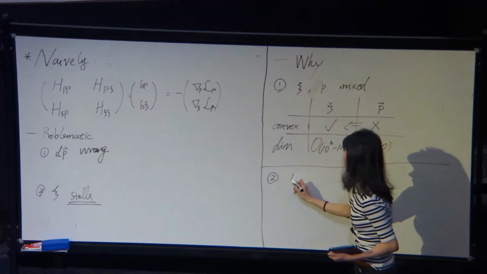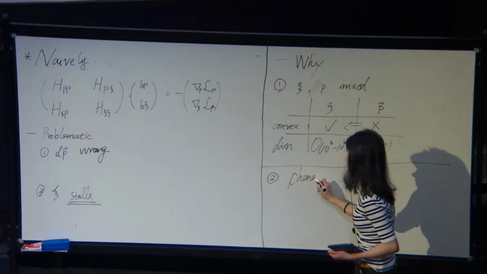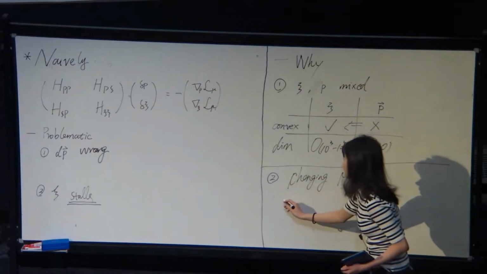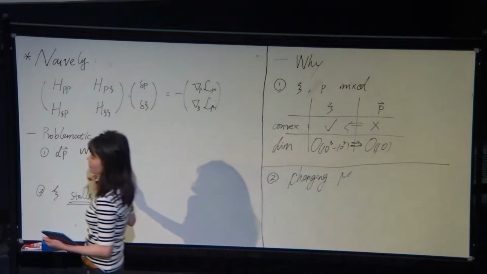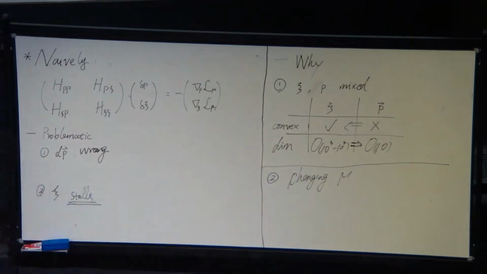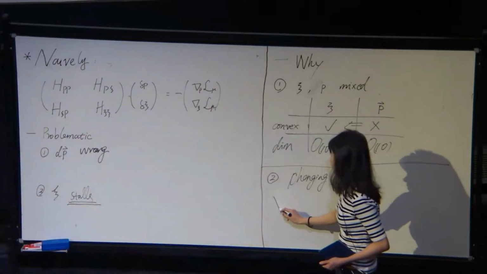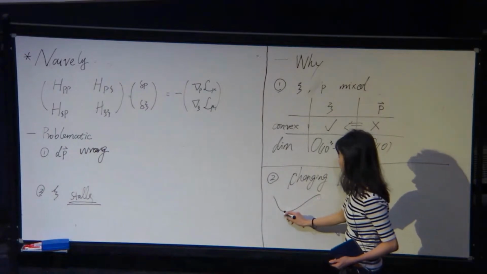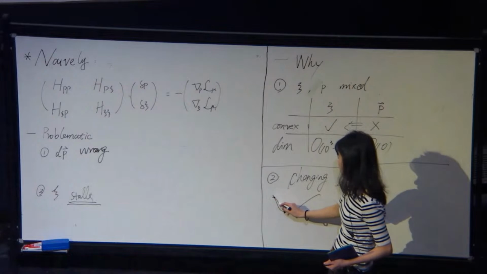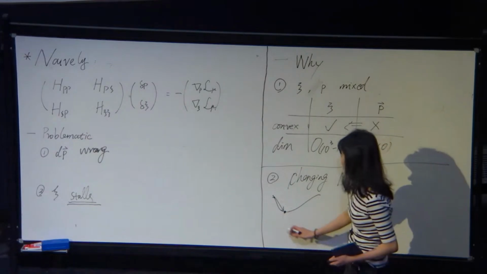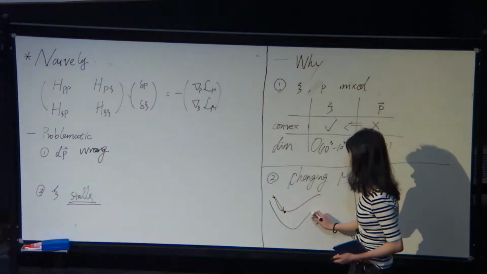And the second problem is we're changing mu. Of course, this happens in STVB as well, but it's more serious for us because we are doing optimization problems. And Newton's method, in general, targets the same objective function. See, we have a surface. We want to find the optimum point. Newton's method will take many iterations to converge to the optimal point. But a changing mu means a changing objective.